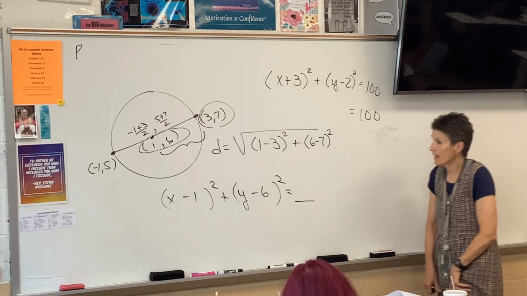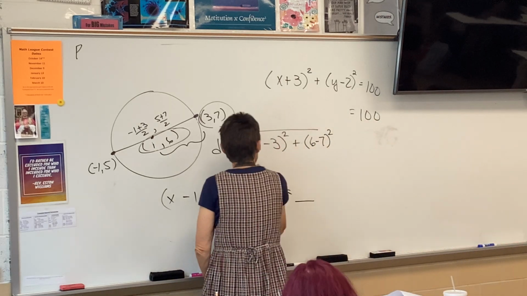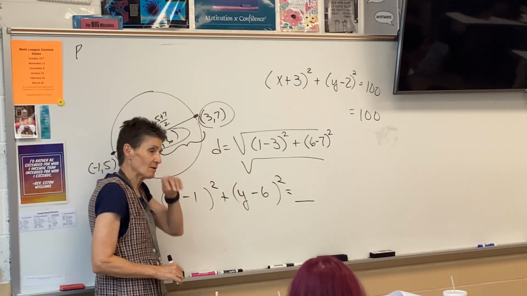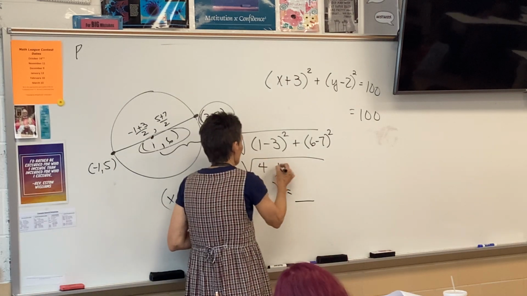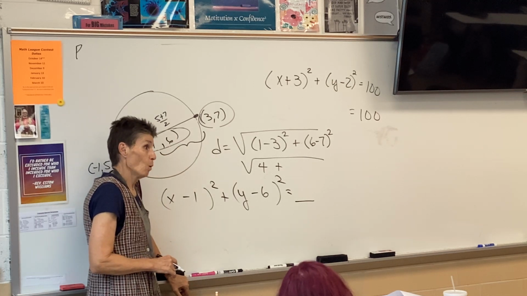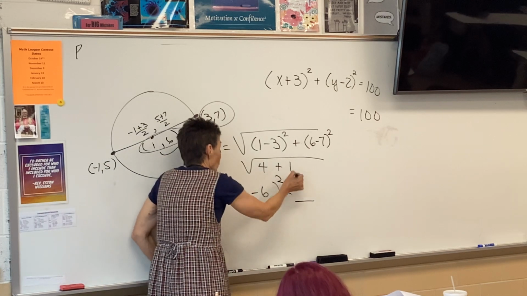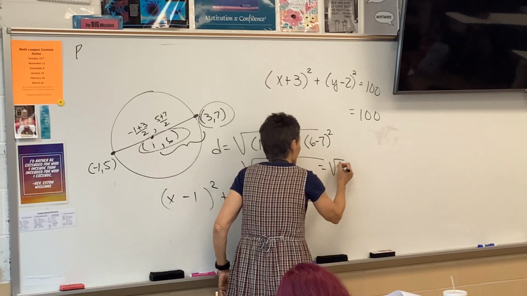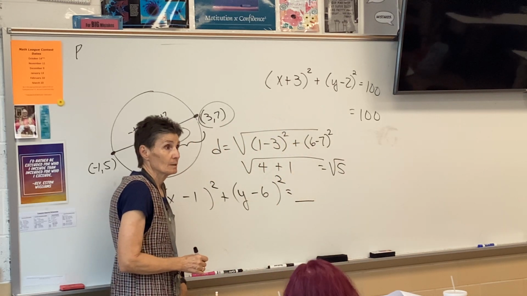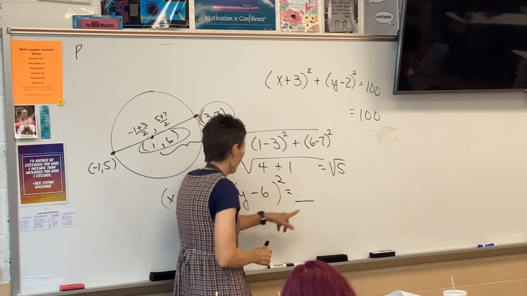All right, let's do the math. 1 minus 3 is -2 squared is 4. 6 minus 7 is -1 squared is 1. So I got the square root of 5. Be careful. What goes here then?